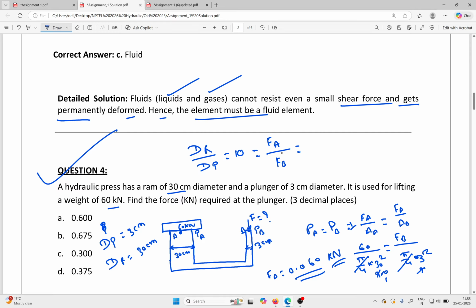So FA is nothing but your 60. If we divide with the 10, FB, so 0.6. Just I'm trying to give you some very close relationship.